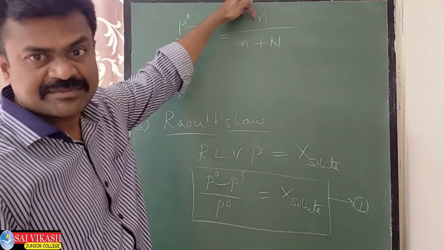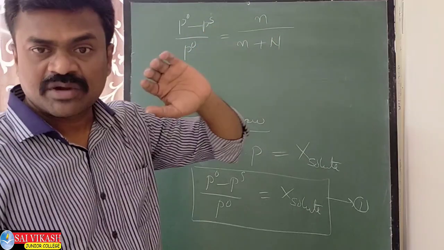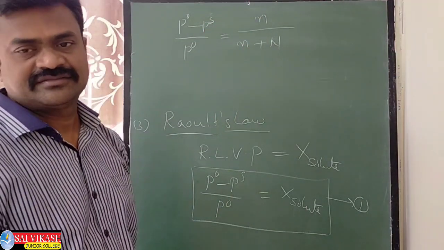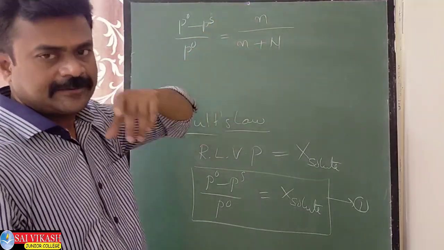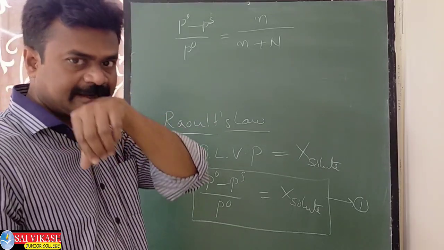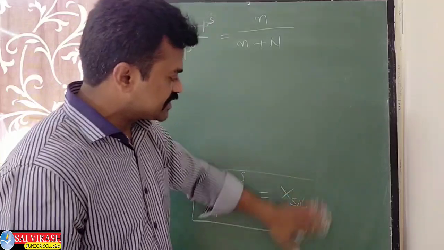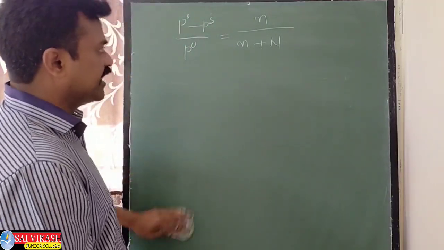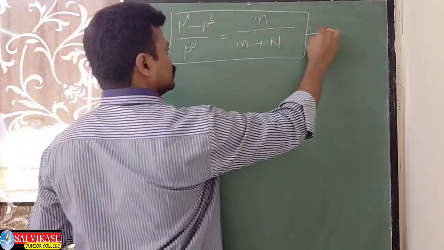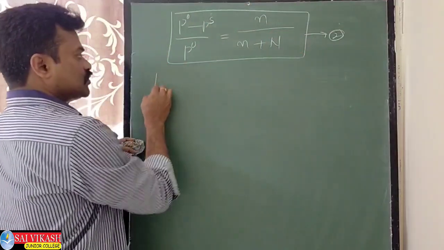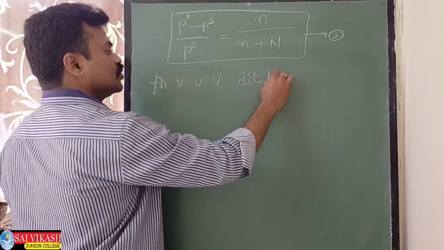Here I have taken small n as the number of moles of solute, capital N as the number of moles of solvent, because this is the mole fraction formula. Like this way we can write. Now let us consider a very dilute solution. This is another, equation number 2. For very dilute solutions given.